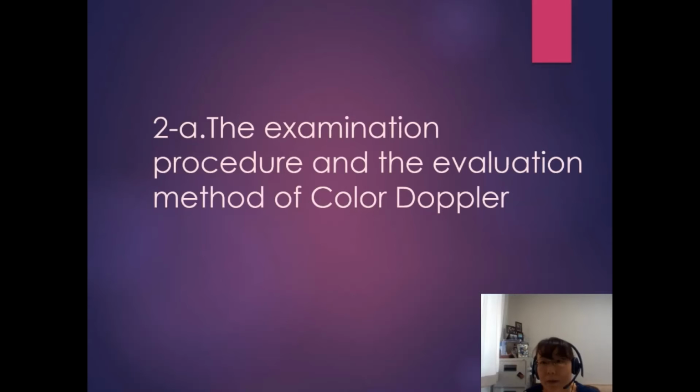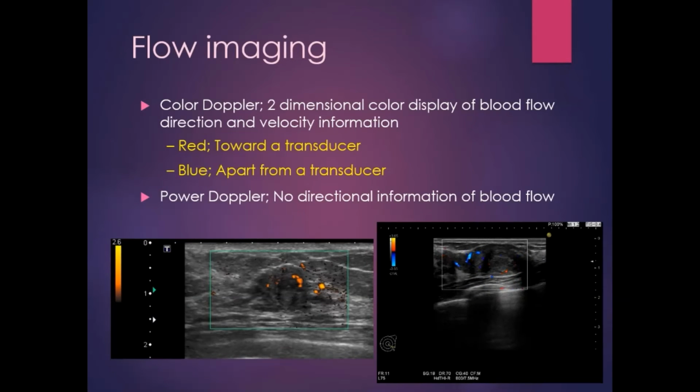Next, I'll explain the examination procedure and the evaluation method of Color Doppler. Flow imaging has Color Doppler and Power Doppler. We are using Color Doppler because not only blood flow velocity, but also the directional information can be acquired.